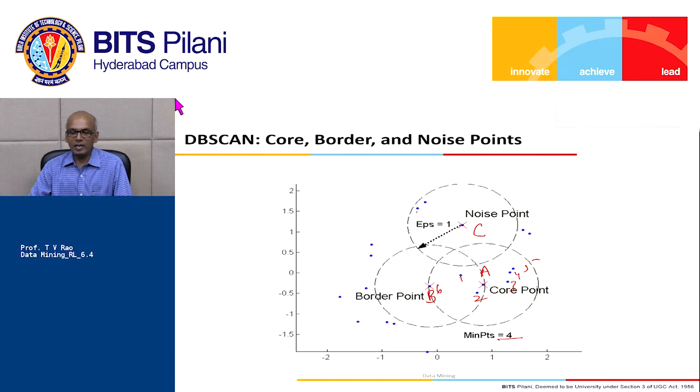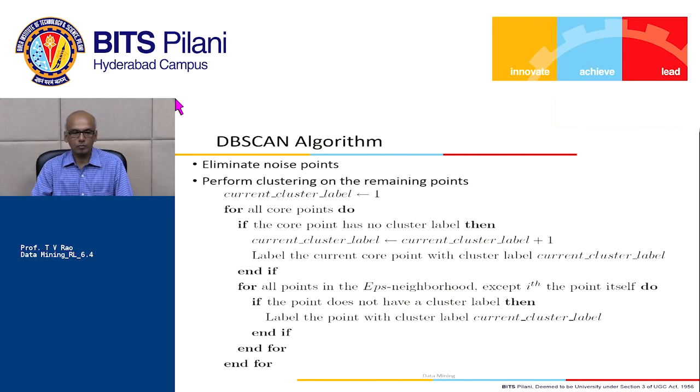So DBSCAN treats these 3 types of points in different ways. If you look at the DBSCAN algorithm, the first thing it does is eliminate all the noise points. So now it is left with only core points and border points. Then for each of the core points, it checks whether there is a cluster around it.